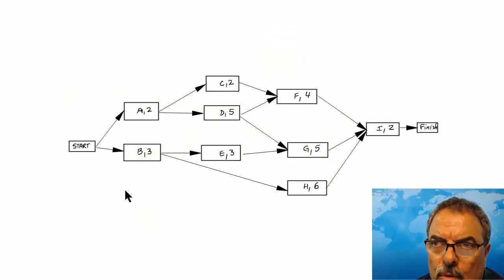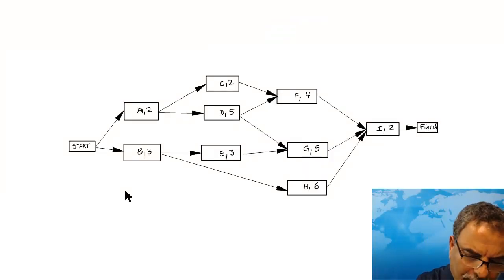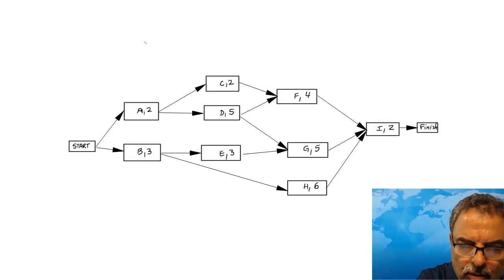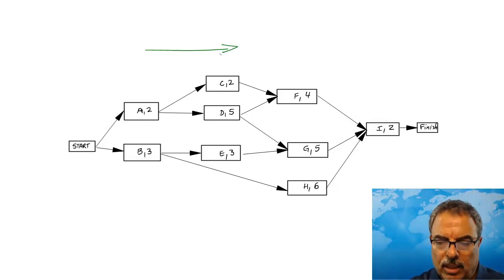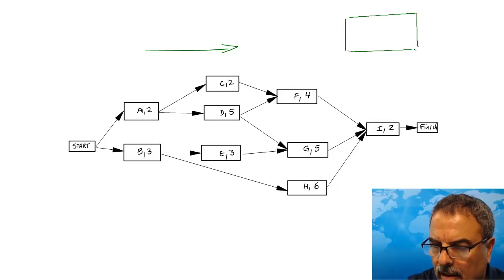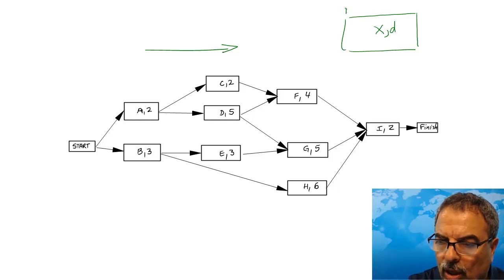Let's try to do the forward and backward pass on a more complicated case. So we're going to do a forward pass this way, as we talked about earlier, and calculate the earliest start. Remember, this is task X with some kind of duration. We calculate the earliest start, and then the earliest finish, which is the earliest start plus duration.